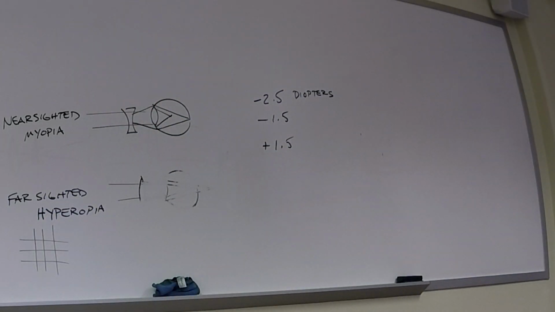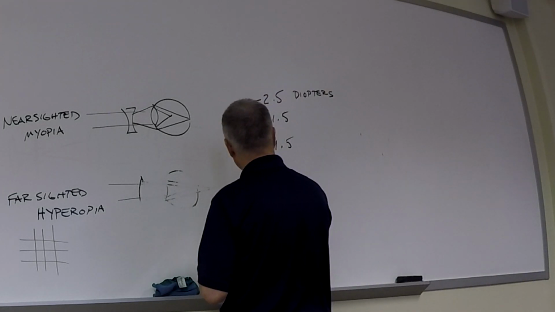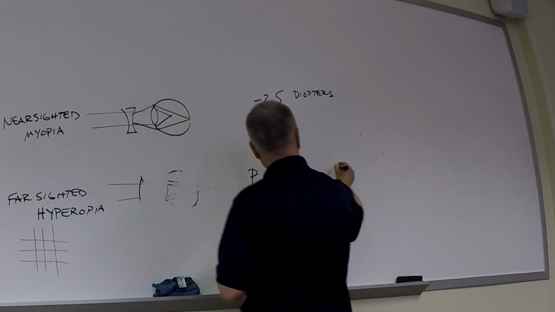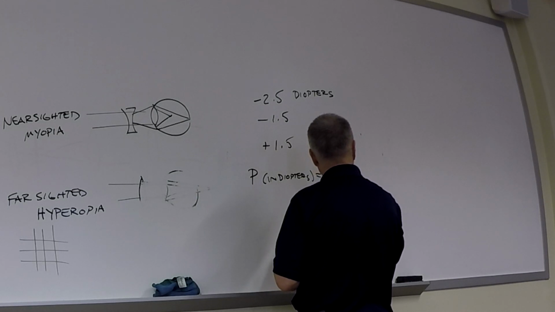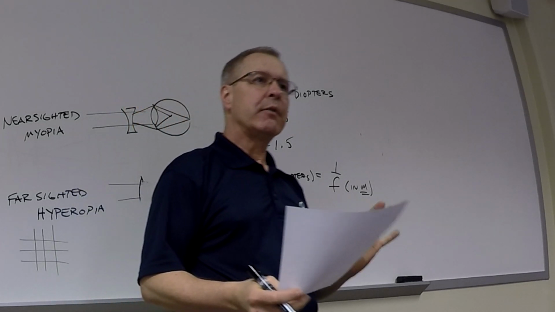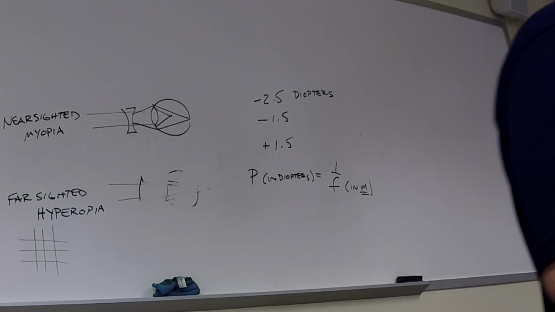All that is, it's the power of your lens, and it's pretty simple. The power in diopters is just 1 over the focal length of that lens, as long as that focal length is in meters. It's the only thing you have to watch on these: to get the units right, we need that focal length in meters. So diopters is reciprocal meters.